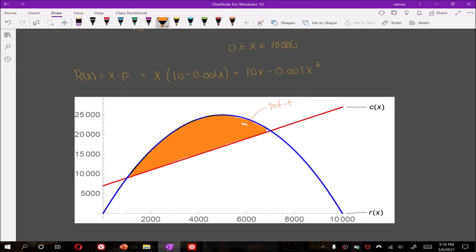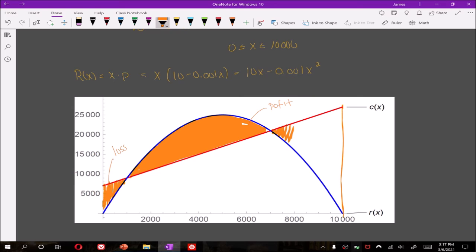If we look here, this, again, is revenue minus cost, but now it's negative, right? The cost is over the revenue. This is going to represent a loss, isn't it? And the same thing can be said over here.